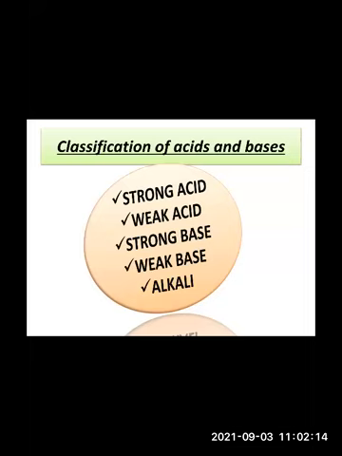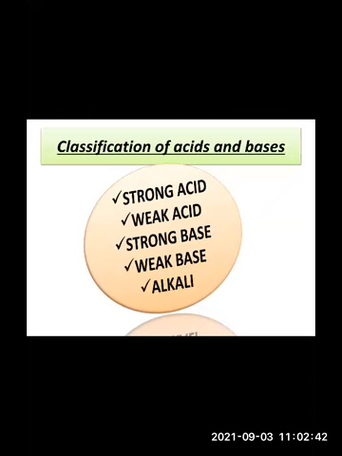Strong base, what happens on dissolving in water? It dissociates almost completely and the resulting aqueous solution contains mainly OH minus ions and the concerned basic radicals. For example, sodium hydroxide, potassium hydroxide, calcium hydroxide, sodium oxide. These are all strong bases.